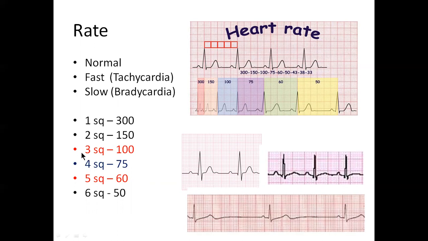So if you get a heart rate that is less than 3 squares, that is a tachycardia. Now, the definition of a bradycardia is if it is less than 60 or 5 squares. So if you get more than 5 squares, that heart rate is slow, and we call it a bradycardia. So the normal is about 4 squares. This is a normal heart rate.